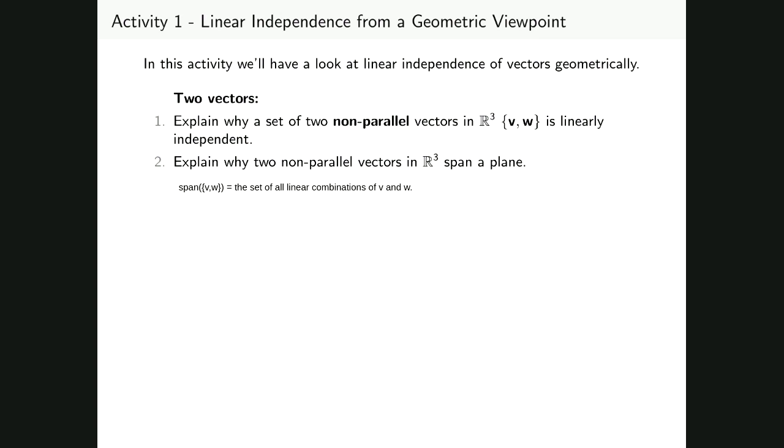And if we want to be a little bit more formal and write that out mathematically, that's going to be Av plus Bw for constants A and B. So there's our span as a set.